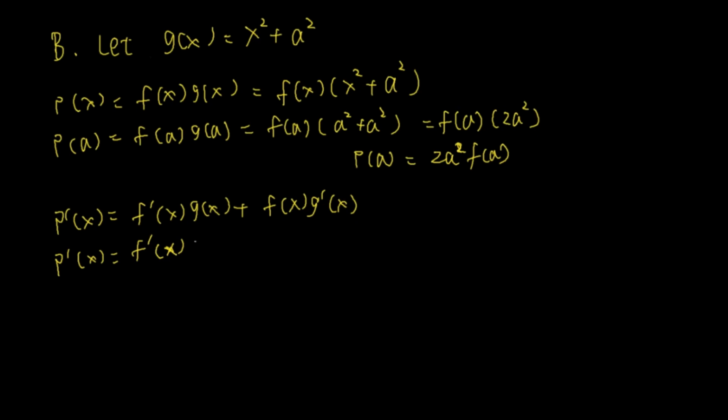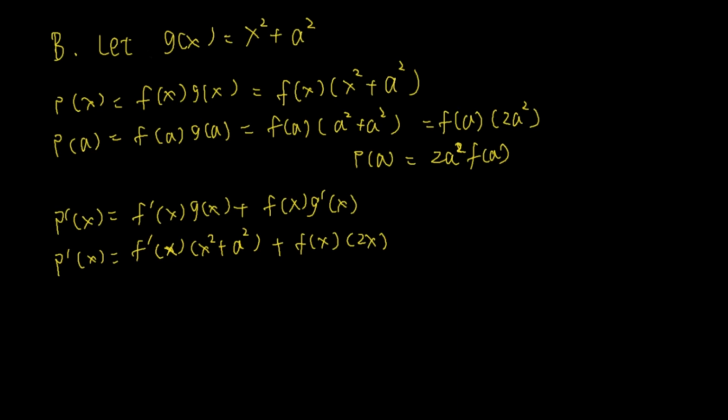It's X squared plus A squared, that's what we set that equal to. Plus F at X, because we don't know what F at X is equal to, but we know what G at X is equal to. If G at X is equal to X squared plus A squared, where A is a constant, then the derivative of X squared plus A squared is just 2X.